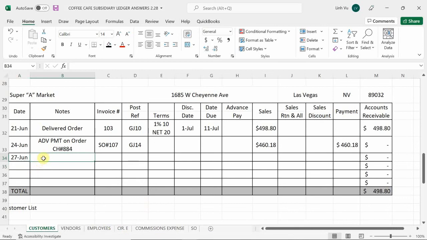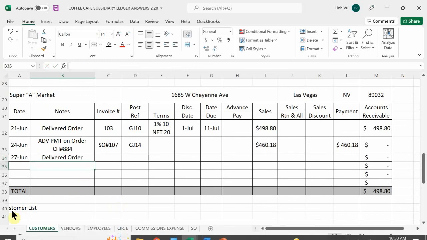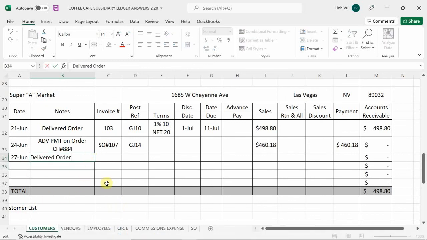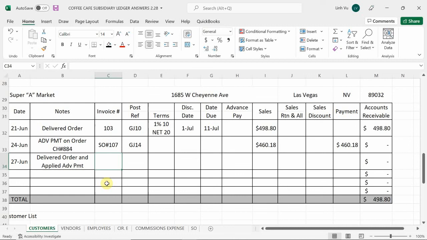You could say we delivered the order. We delivered the order and applied advance payment. Okay. So again, what was this? This was invoice number 107.